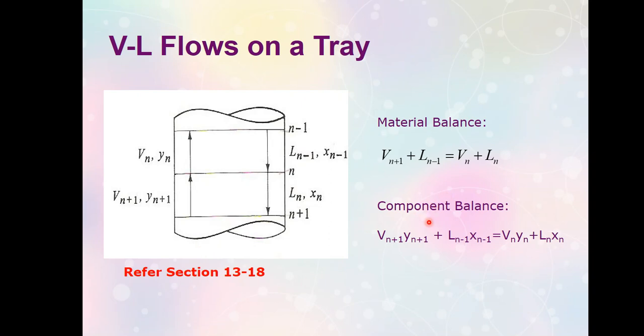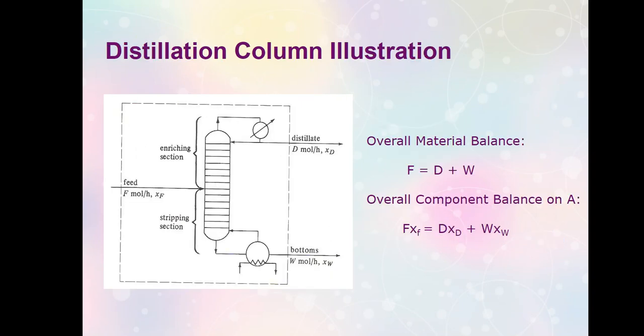Our component balance is patterned after the material balance. We only affix the mole fractions, or the concentrations, of the vapor and the liquid phases. Vapor composition is y. Liquid phase composition is x. Now, our column, when drawn simply, will be something like this. You have F, x sub F for the feed. We have D for the distillate, and x sub D. And we have W, in some books capital B, x sub W for the bottoms liquid.